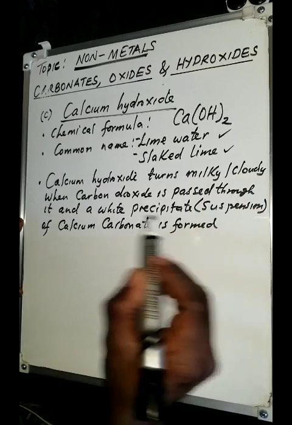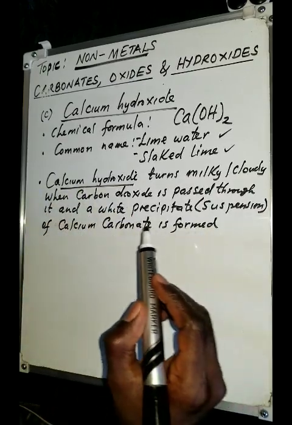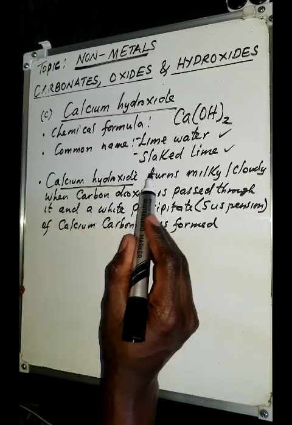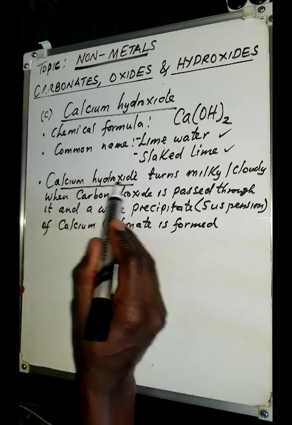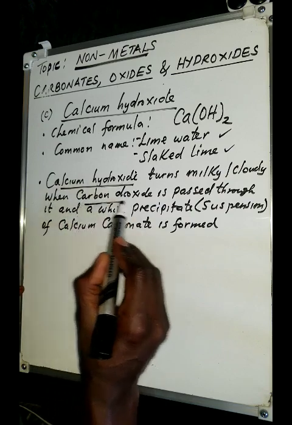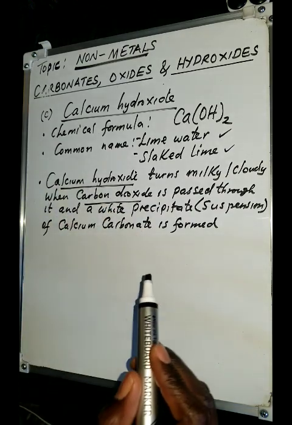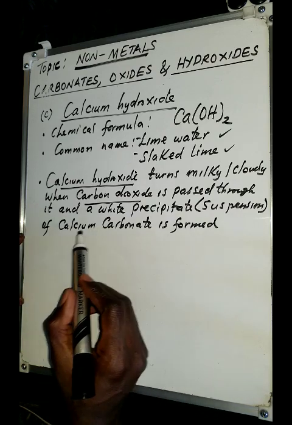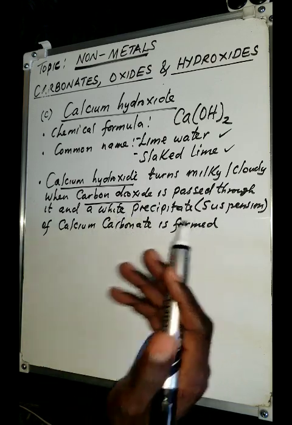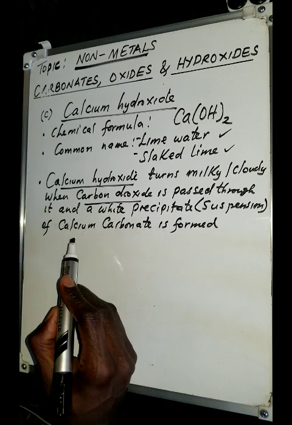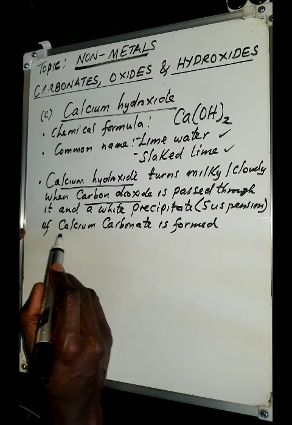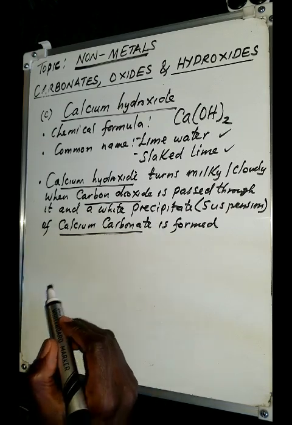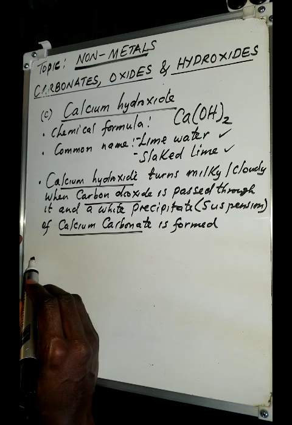So when you bubble carbon dioxide through the calcium hydroxide, it turns white or cloudy. Why? Because of a white precipitate that is formed, and that white precipitate is what we call calcium carbonate. So I can show you how the reaction takes place.